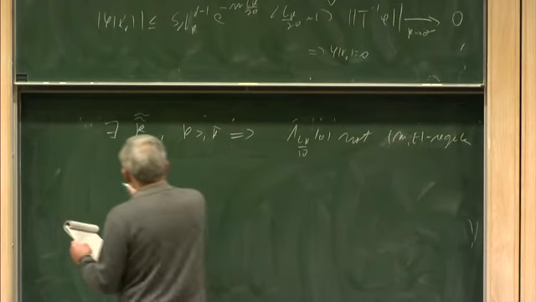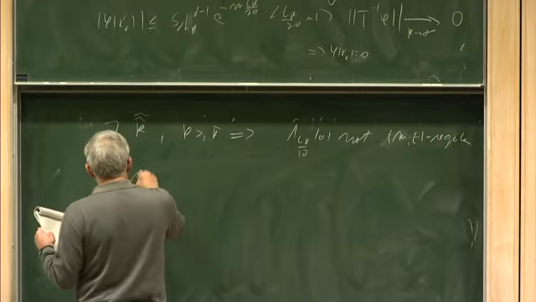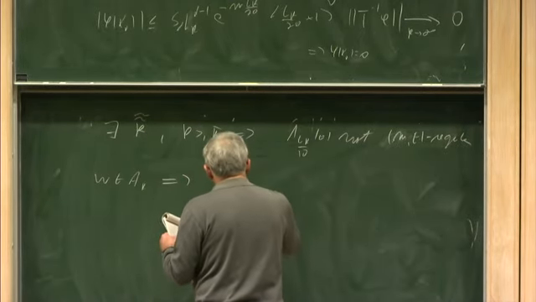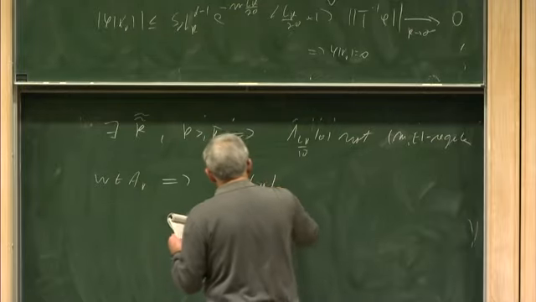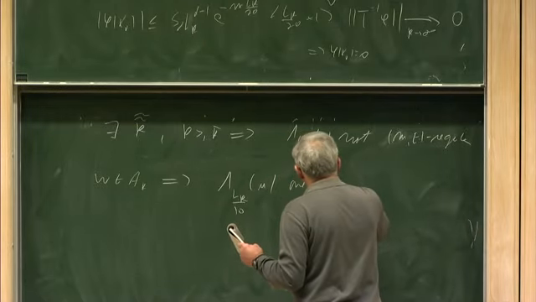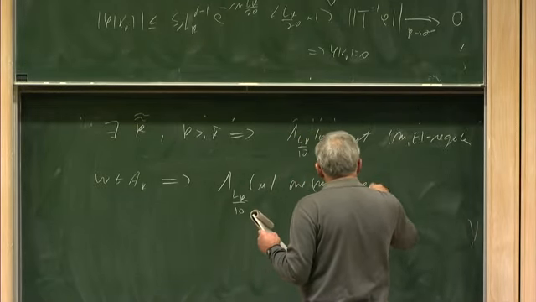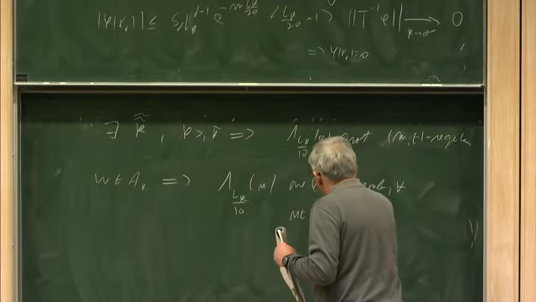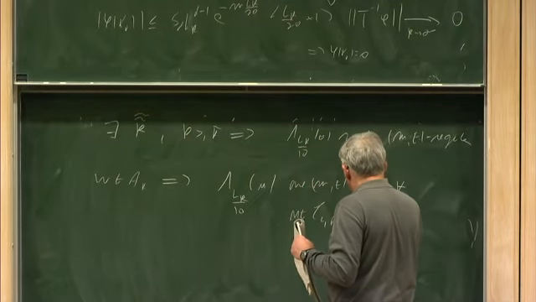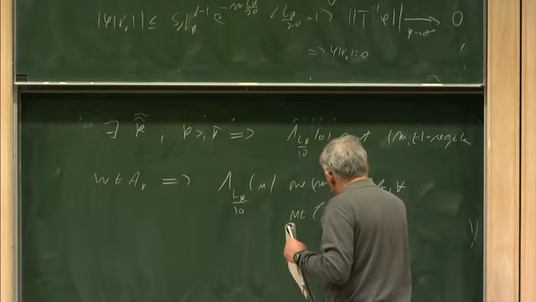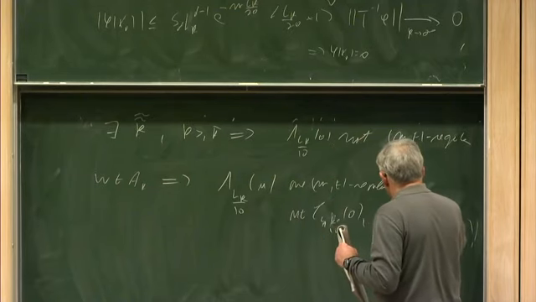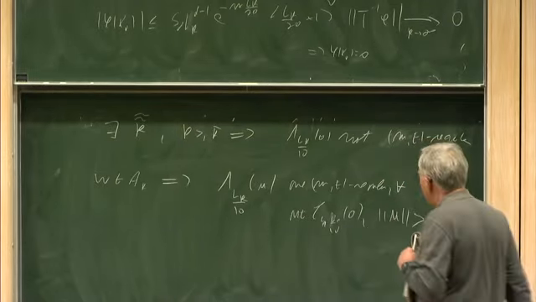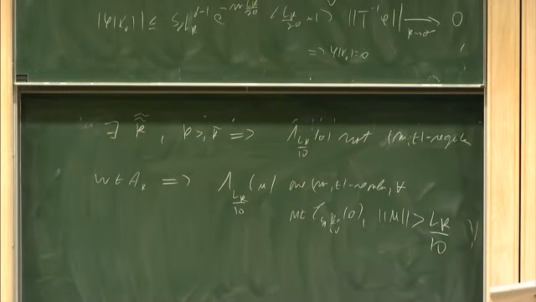But then, since omega is in A_k, this implies that all the boxes of size L_k over 10 of u are M-irregular for all u away from 0. I think I said L_k over 10 is fine enough. That was a conclusion.